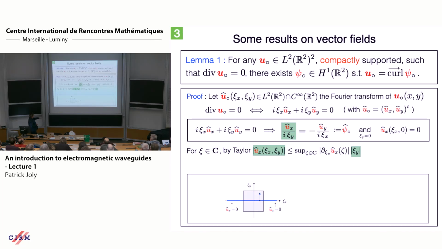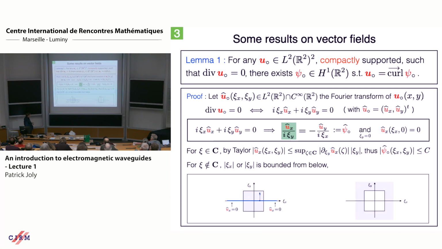So if you use the fact that psi 0 hat is u divided by psi y, you see that in the square, psi 0 hat is bounded. And outside the square, either psi y or psi x is bounded from below.